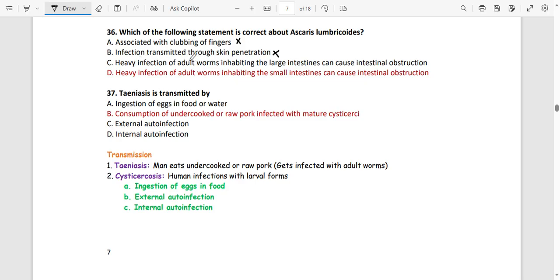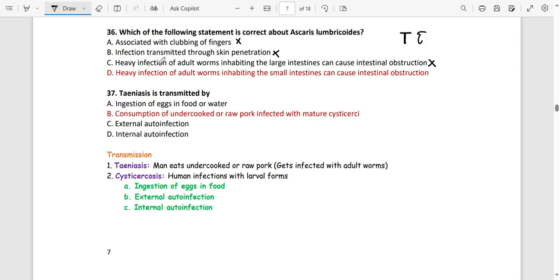Heavy infection of adult worm inhabiting the large intestine can cause intestinal obstruction. Remember, for large intestines, we only have two guys. Which ones are those? So, Trichuris and Enterobius.